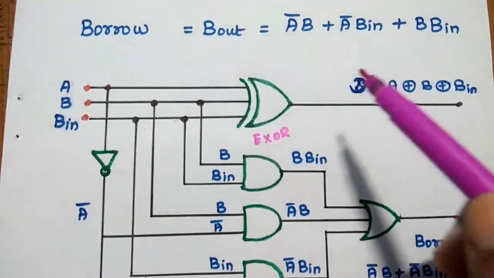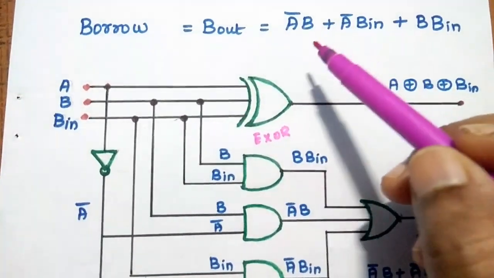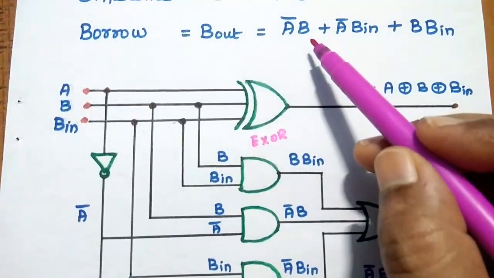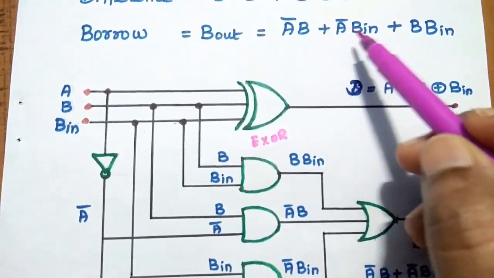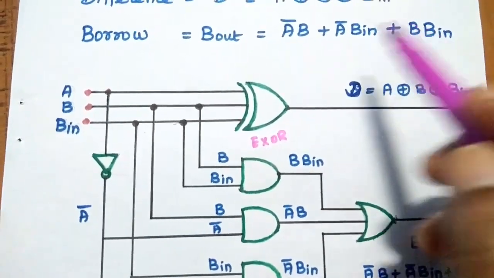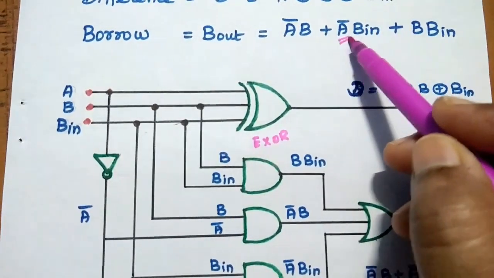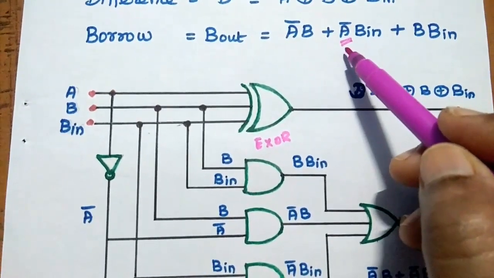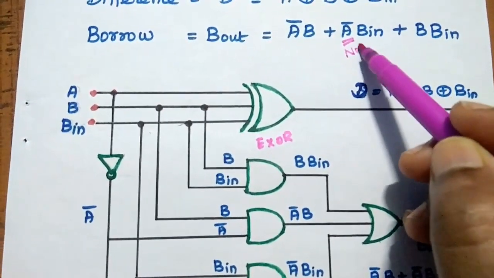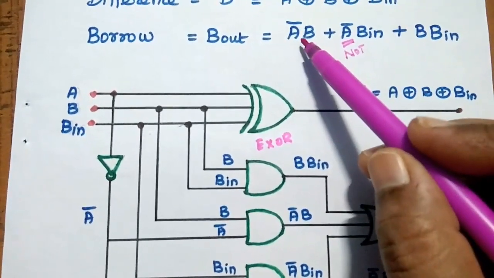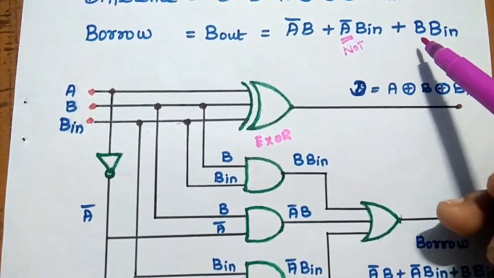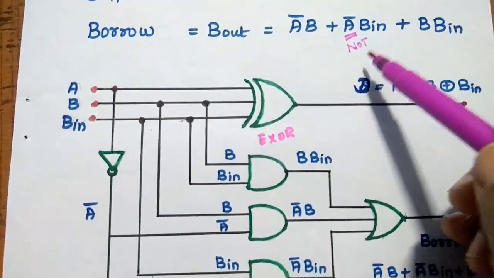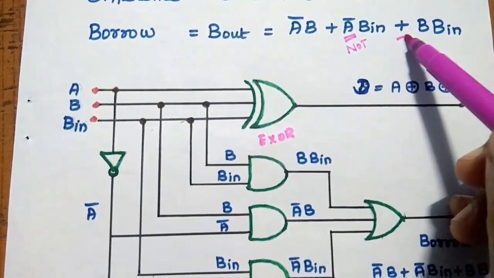After that, we are going to draw the AND gates for the borrow. Borrow is A bar B plus A bar B in plus B B in. Here we have A bar, the complement of A. For that we need one NOT gate, and there are 3 AND gates to multiply these values. Finally, we need one OR gate.